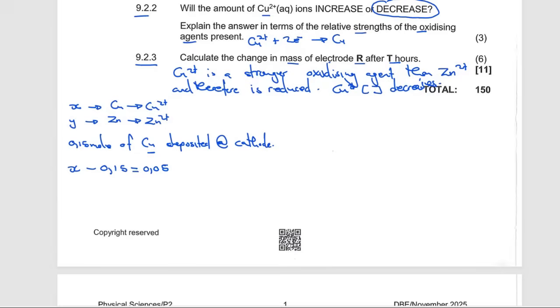For me to make X the subject of the formula, it means I'm going to get a value of what X is equivalent to. Let me see what I'm going to get there.